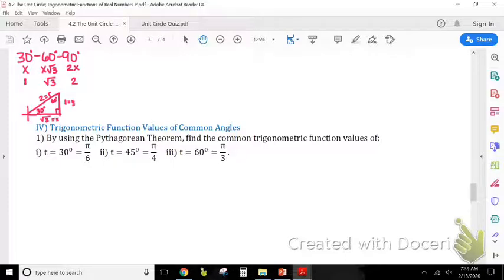So knowing that, let's go do part 1. Part 1 tells me that t is equal to 30 degrees, which is equal to pi over 6. So when we go to do our trig functions, we could say sine of 30 degrees, which is the same thing as sine of pi over 6, isn't it?